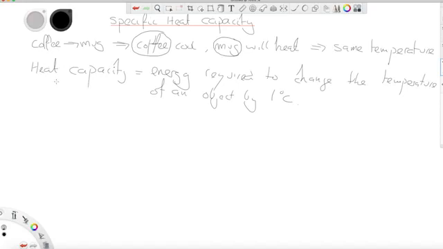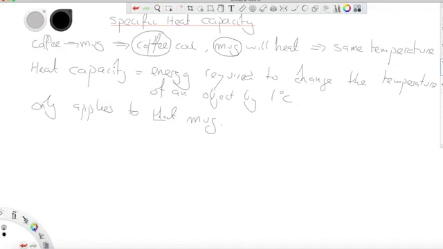But this heat capacity is not terribly useful because it only applies to that mug. What we want to do, what we need to be able to do, is to choose the material to make the mug from to make the best mug. That's not just about heat capacity, of course, but it is one of those factors.